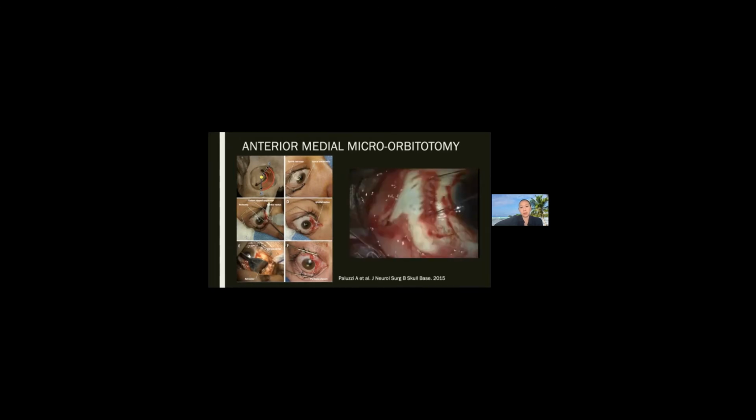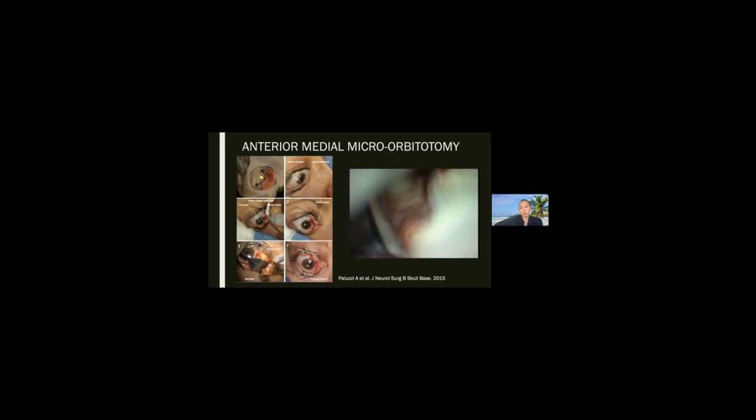And then under the microscope, you can follow the globe backwards to identify the optic nerve. So again, you'll see lots of fat. They use Q-tips to dissect off the fat. Again, it's important to preserve all that periorbital fat to preserve the motion of the globe.